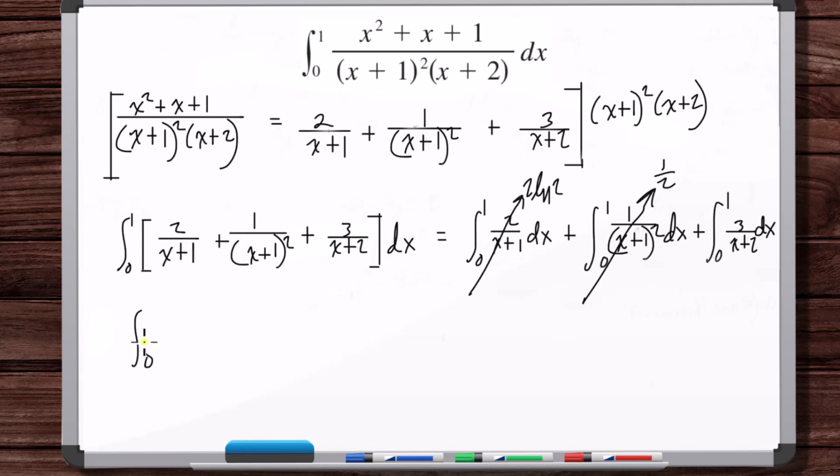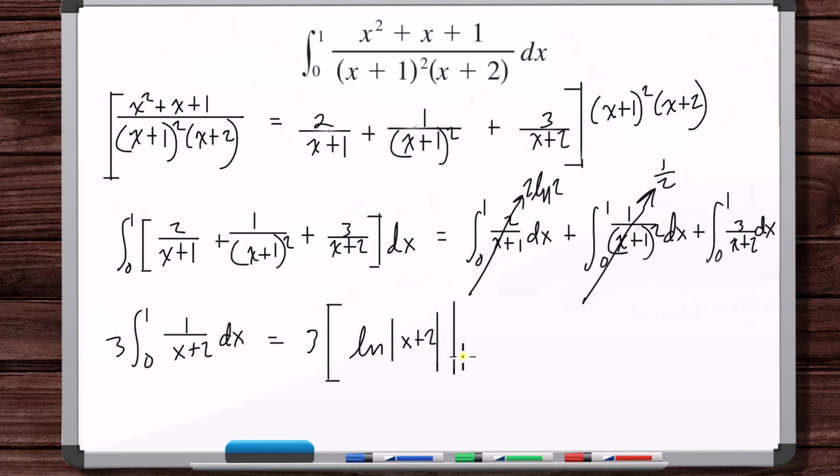So now we want to do, so we've got, this is going from 0 to 1. So we've got 3 times natural log of 3 minus natural log of 2. 3 natural log of 3 minus, okay.